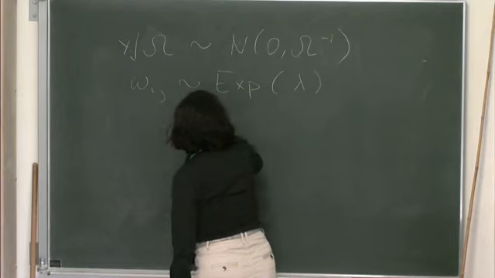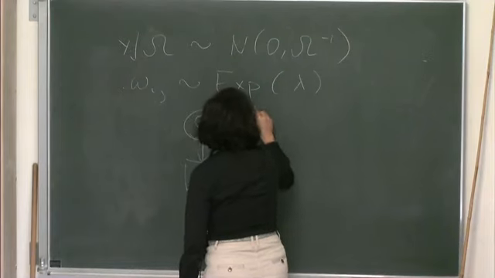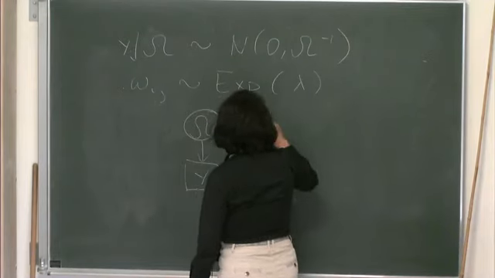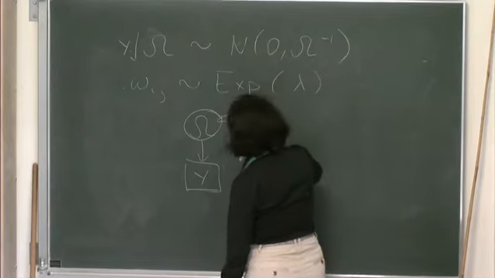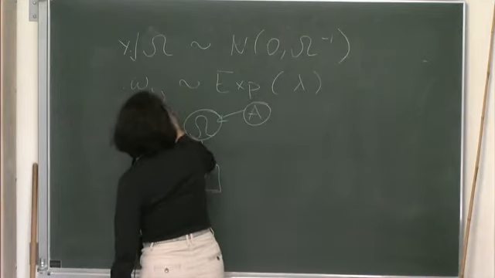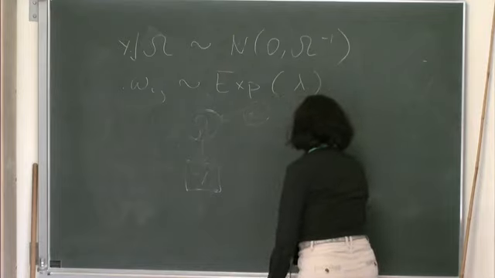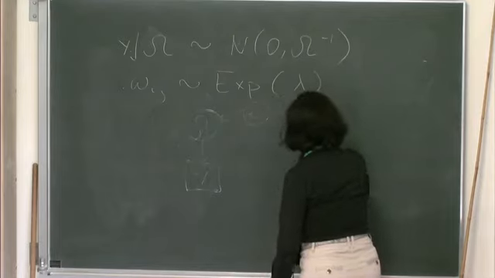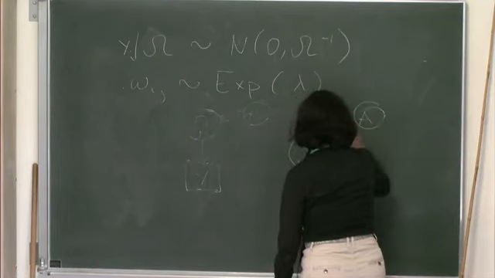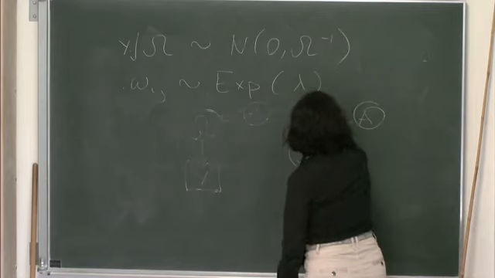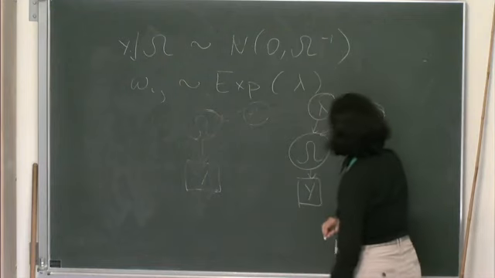Then we have omega, except we also have the adjacency matrix. So we have Y, omega, and then the adjacency matrix, and we have the lambda parameter. So lambda influences the choice of both A and omega.